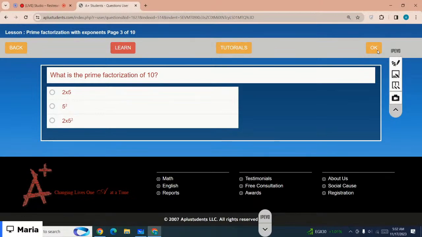What is the prime factorization of 10? Yes, that is option 2.